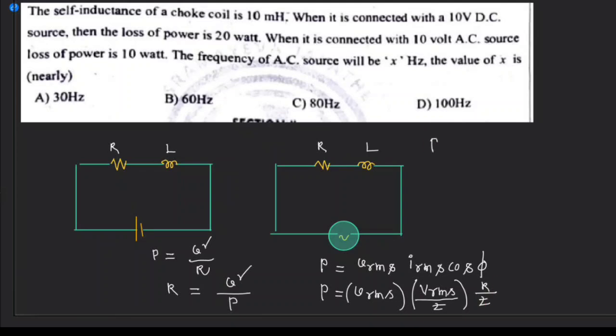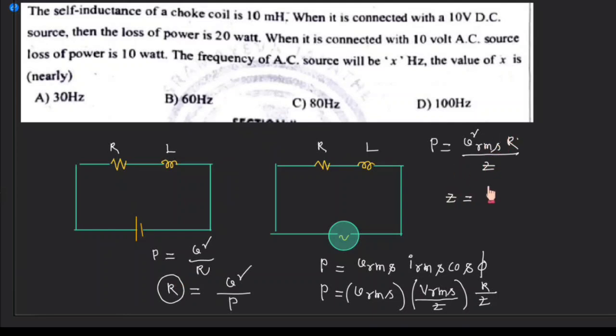Now this power can be written as P is equal to V square RMS into R by Z, right? Clear?